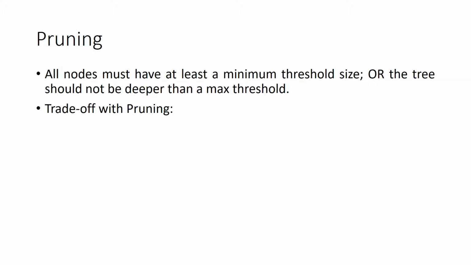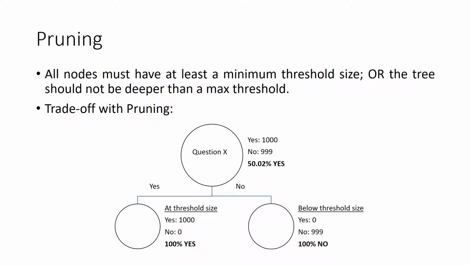So while you still get the benefit of quadratic and cubic features that you would get in a decision tree, you're able to avoid overfitting, but there is still a trade-off. Let's take this example. Let's say you had a question X, and a distribution with 1,999 data points. So 1000 were yeses and 999 were no's. So it's almost an even split.